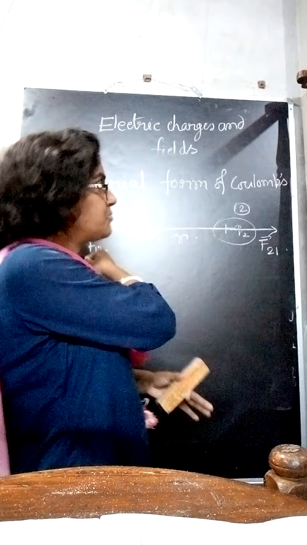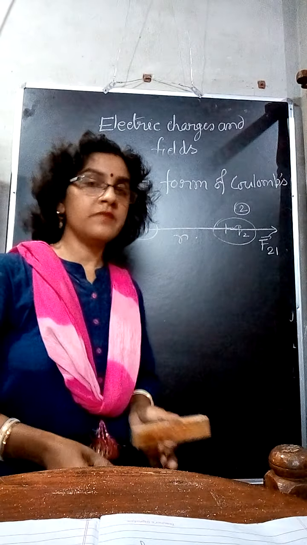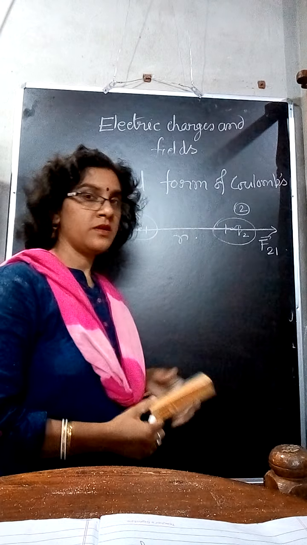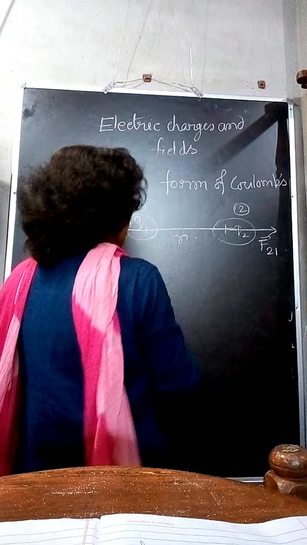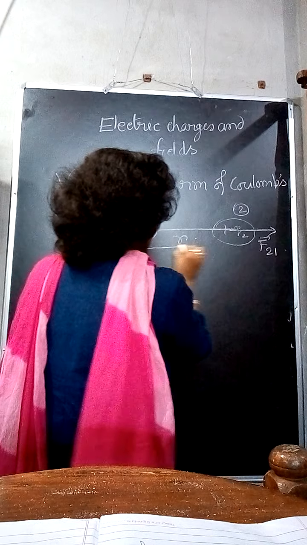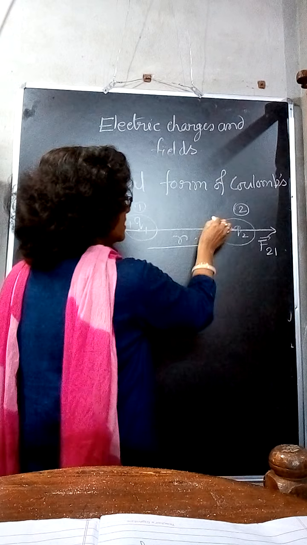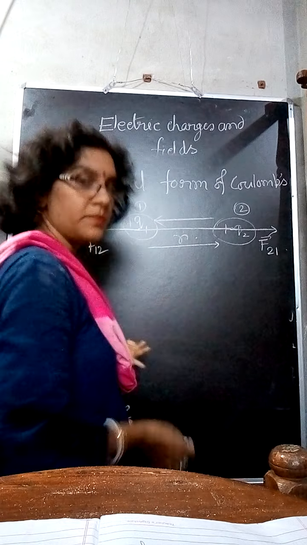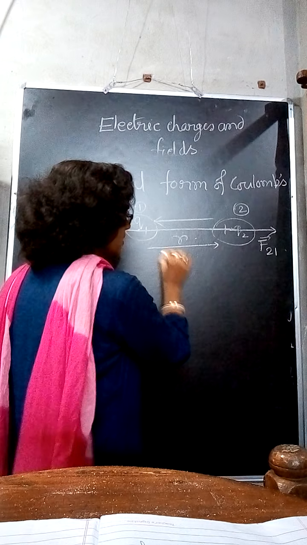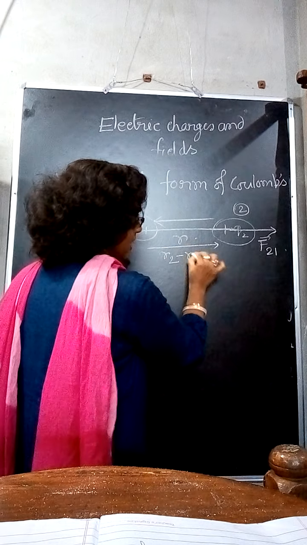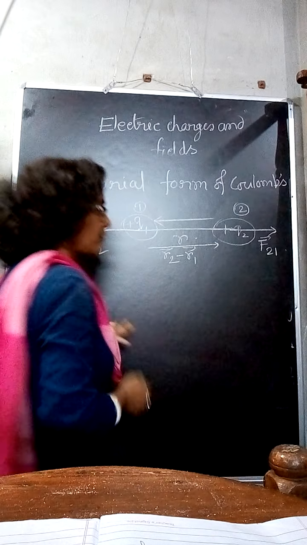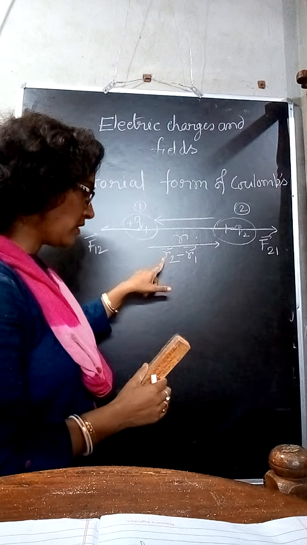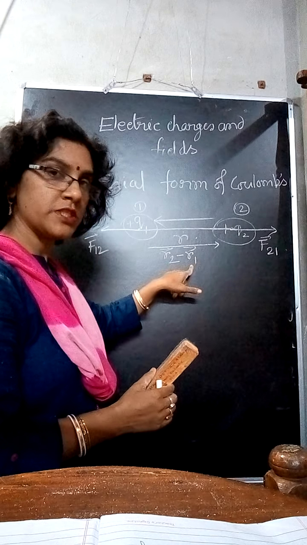Now, to express the Coulomb's formula in vectorial form, we need vectors. There are 2 vectors. One is in that direction, another one is in that direction. In that direction, what will be the vector? It will be R2 minus R1, that is the final position vector minus the initial position vector.